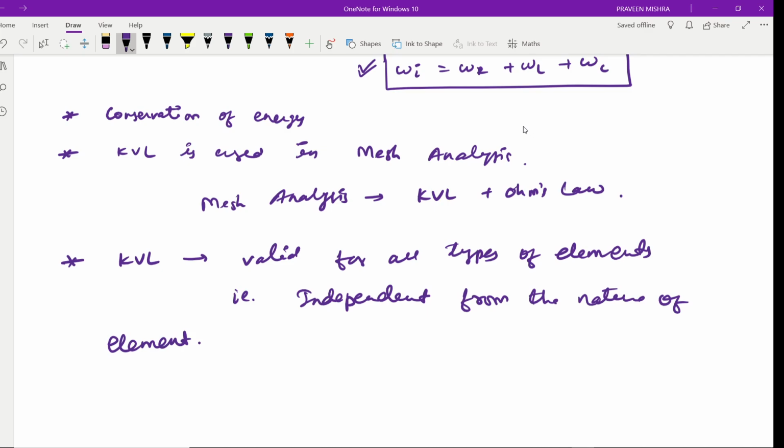Nature of the element means, like Ohm's law is valid for constant temperature region. Likewise, it is independent of the nature of the element, such as R equal to rho L by A, resistivity and other things or temperature. It does not depend on the nature of the element.